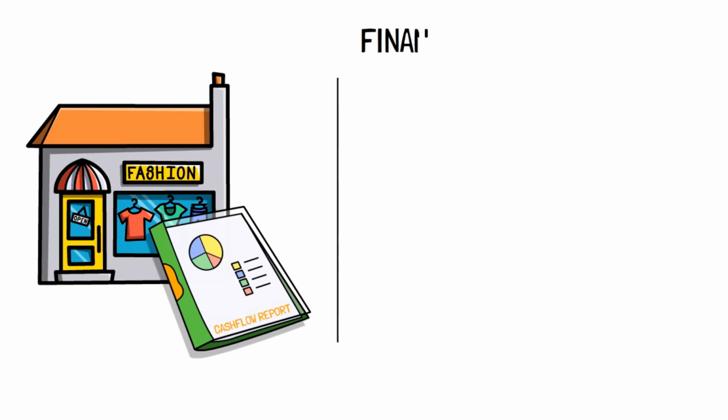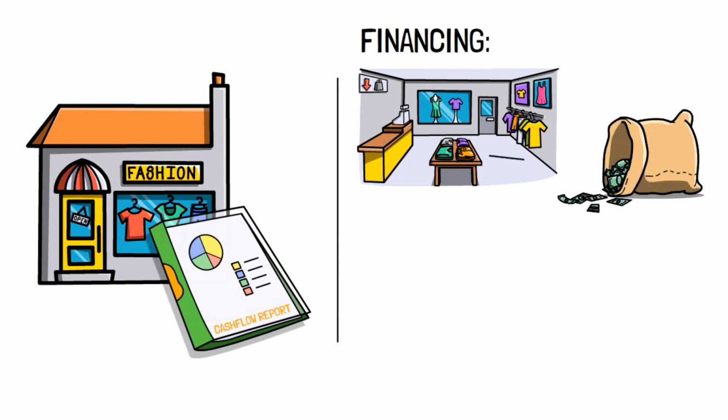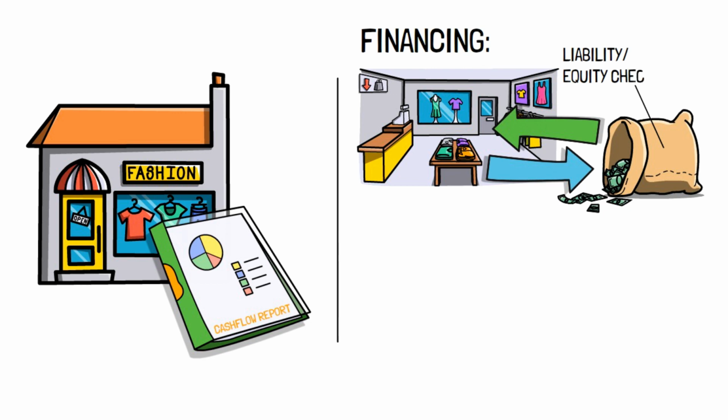The financing part of the cash flow report looks at where the business is getting or spending cash to keep its operations going other than the cash that it generates from its income. There are typically only 2 ways cash can come into or leave the business. That is either through the liability or the equity checkpoints.